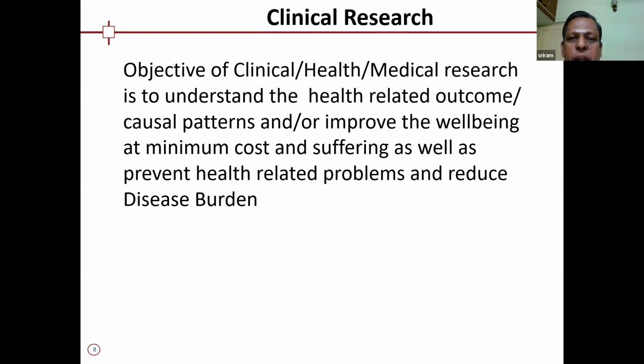So the objective of clinical research is to understand health-related outcomes and causal patterns, and to improve well-being at minimum cost. That is also very important. If you give a solution and nobody is able to afford that drug, then there is no point in giving it. Minimum cost and suffering here means side effects or the like.